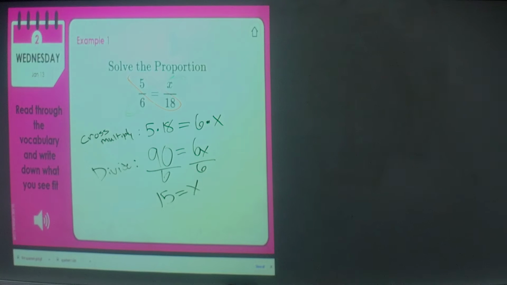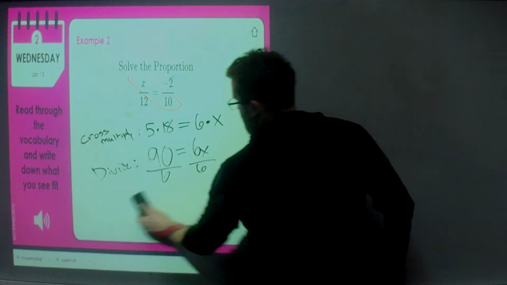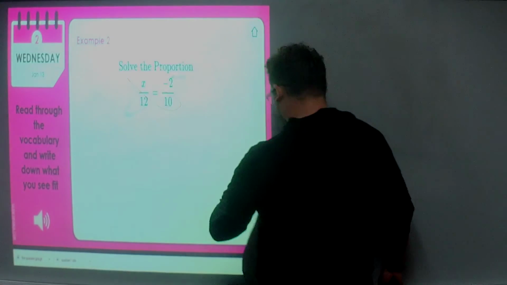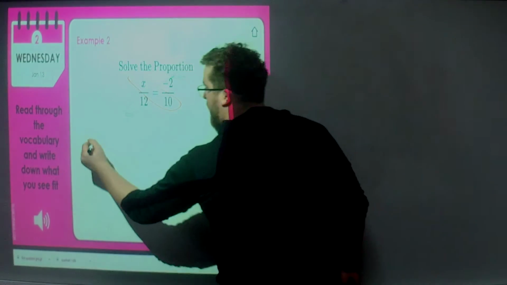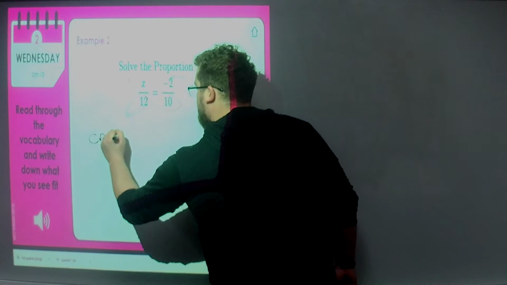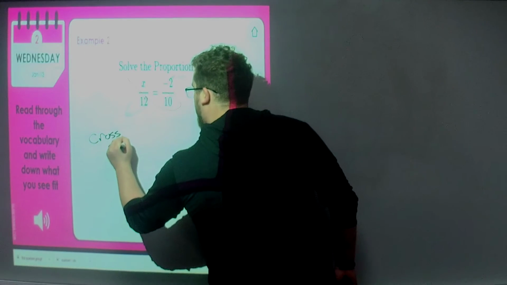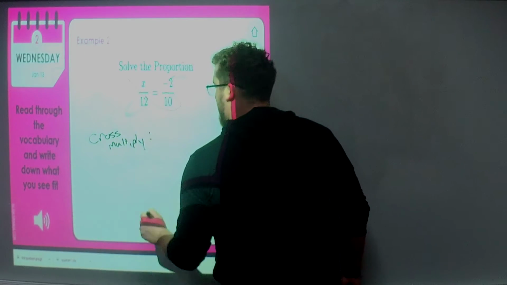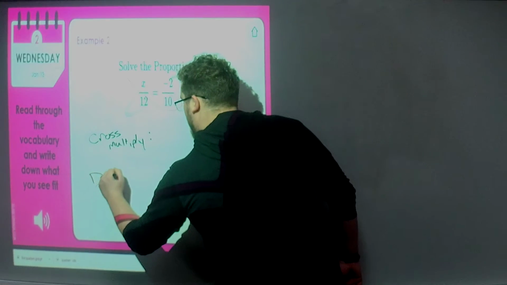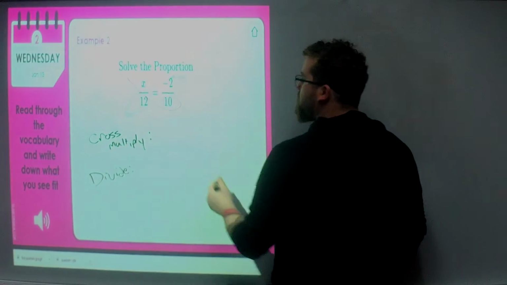So let's do another example of it. Make sure we get nice and practiced. So our first step, cross multiply. Then we divide. So cross multiply.